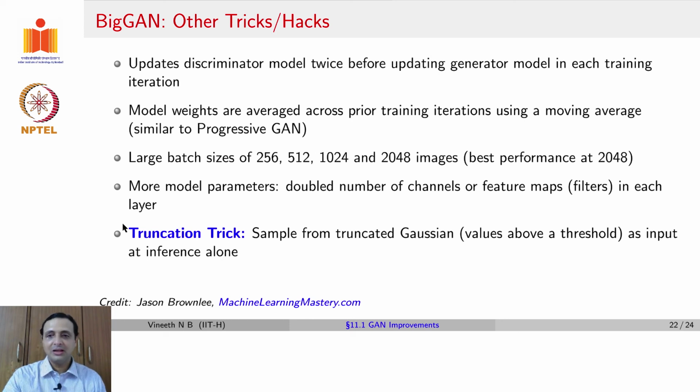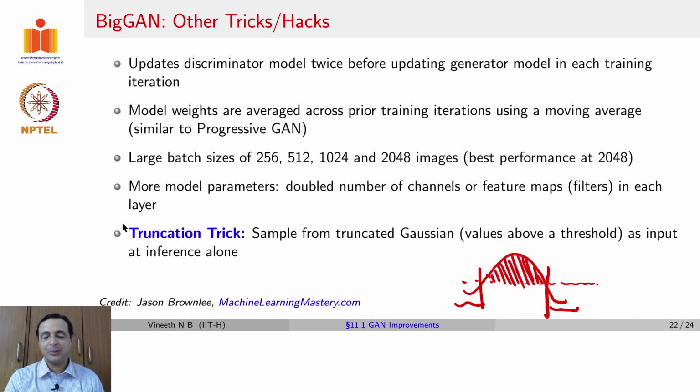You could now imagine that this truncated Gaussian is something like this, where you're ensuring that something sampled below a threshold is not considered as input to the GAN. So that way all inputs to the GAN come from this part of the PDF, the main idea being that you would not get anomalous generations using these latent vectors, but you get generations that belong to the core part of the PDF of that Gaussian.